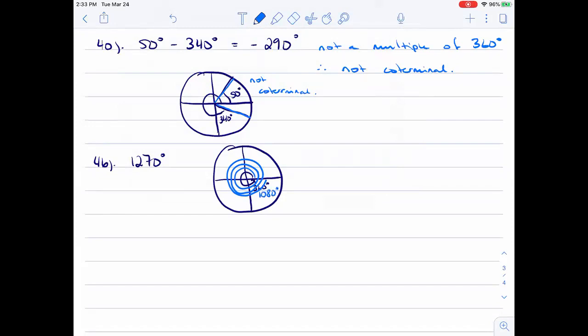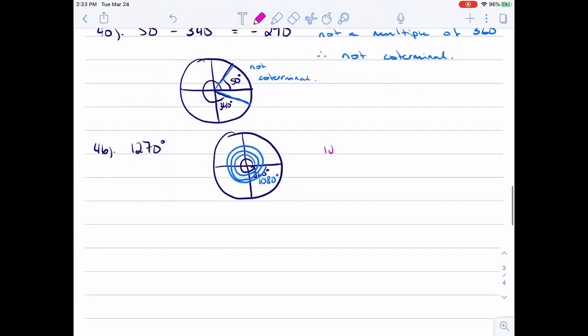degrees. So now the remainder that I need is going to be 1270 degrees minus 1080 degrees, which is 190 degrees. So from here, I need to go 190 degrees. I know halfway is 180, and then I need to go a little bit more.